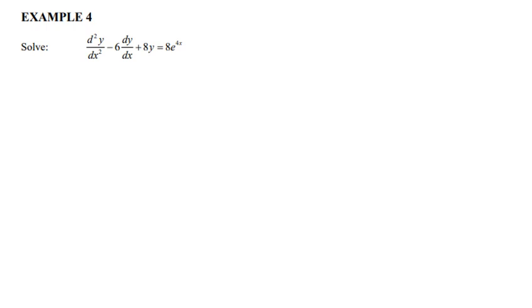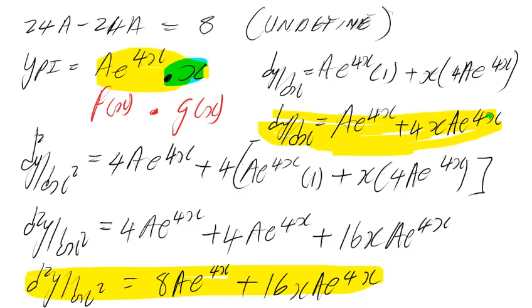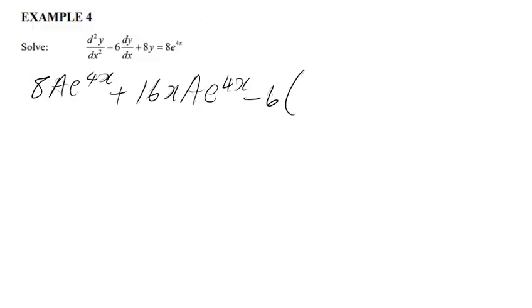This one will give you 8ae^4x plus 16x ae^4x, then minus 6 open bracket, we take the first derivative, which is ae^4x plus 4x ae^4x.